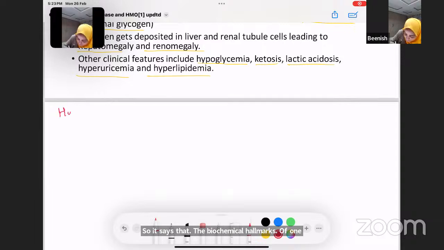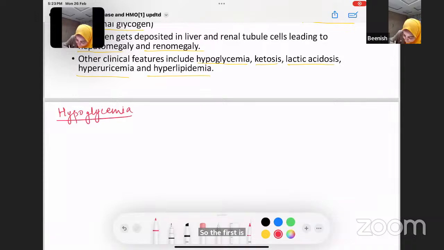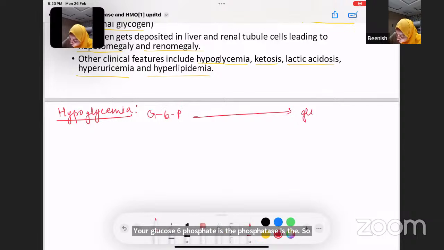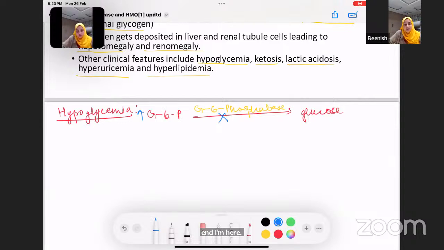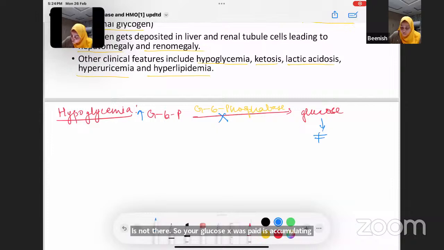So the first is hypoglycemia. Now, which enzyme is deficient? Glucose 6 phosphatase is deficient. So your glucose 6 phosphate changes into glucose, and the enzyme was glucose 6 phosphatase. Now, this enzyme here is not there. So your glucose 6 phosphate is accumulating, and your glucose is not formed.